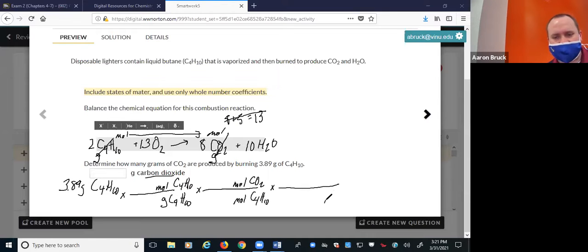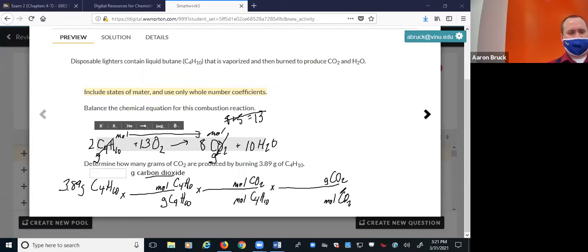My third step is to convert the moles of carbon dioxide into grams of carbon dioxide.